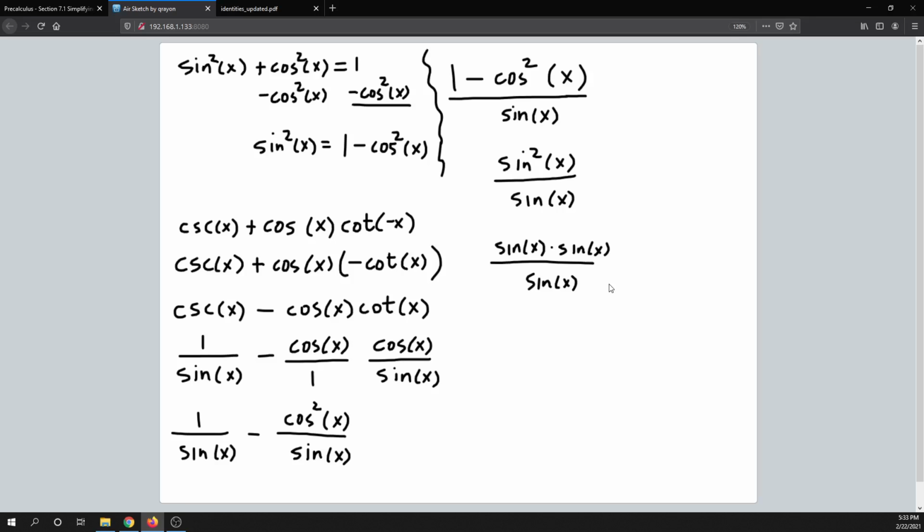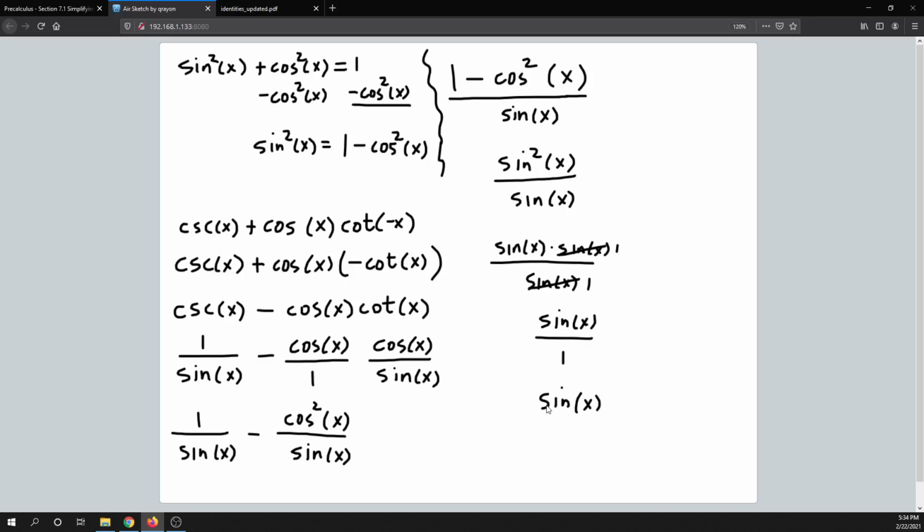So I can cancel that out. So sine x goes into itself once up here, it goes into itself once down here, right? And so on the top, I have sine x times 1, which is just sine x. On the bottom, I have a 1. So that's what it simplifies to. And then anything over a 1 is itself. So this whole thing simplifies down to sine x.